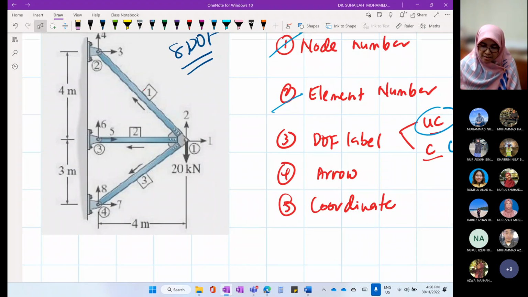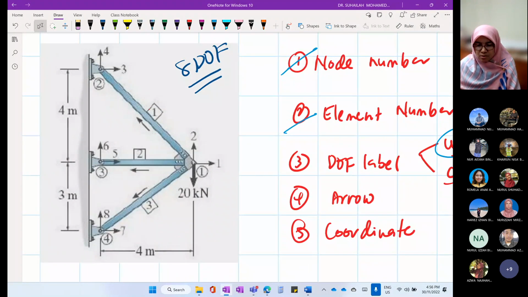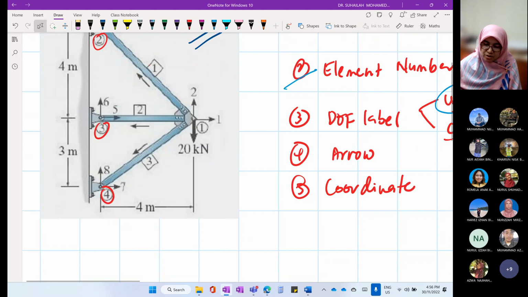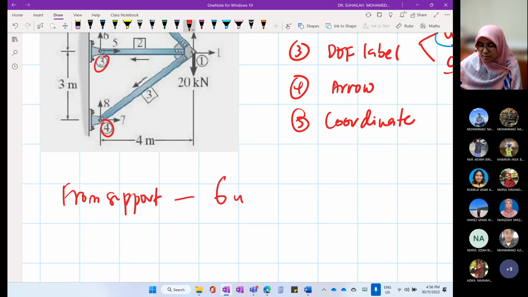So how to identify this? We just need to look at the support. From this, there are 3 pin supports, located at node number 2, node number 3, node number 4. And from the supports, we know that there are 6 unknown reactions.